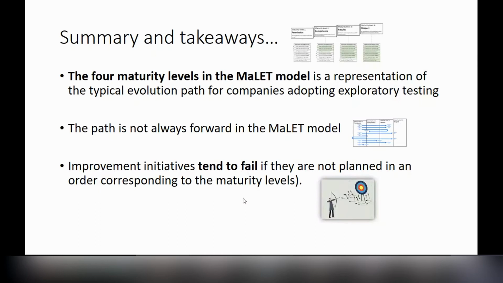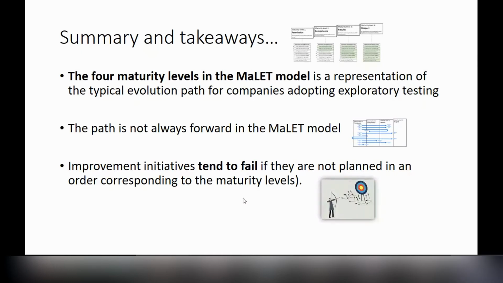The validation companies, all 8 companies' representatives, could relate to the model, could place themselves in the model and see that the maturity levels were in an order corresponding to their own journey. We also saw that the path is not always forward in the MALLET model, meaning that in 2 cases, they not only went forward to a higher maturity level, but also made a U-turn going backwards.